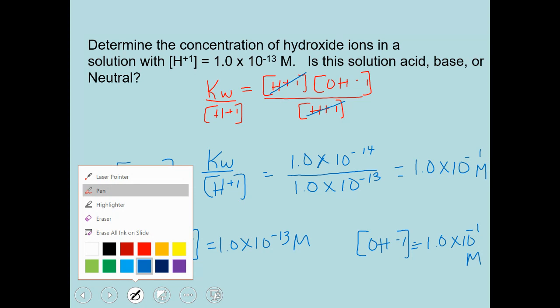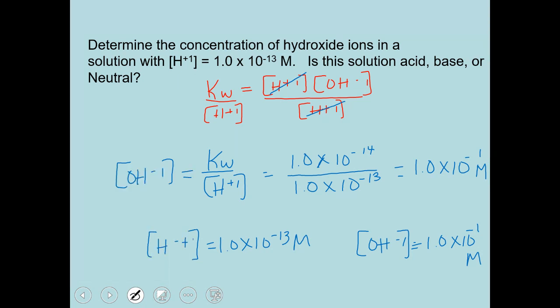And we can easily compare those. This hydroxide number is much larger than the hydrogen number. And going back to previous lessons, we know if the hydroxide is bigger than the hydrogen, this solution is a base. Okay, so we can classify this as a base by comparing those two concentrations.